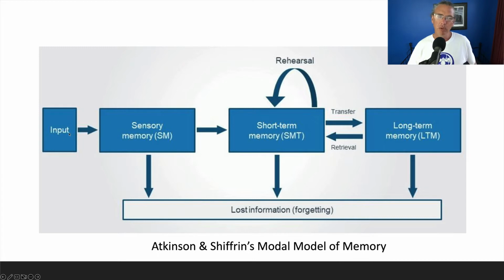When we get input from the world, the very first memory system, and the one we'll talk about today, is sensory memory. It's going to allow that input to exist even after it doesn't exist in reality. It's going to allow a trace of reality to be there for us to sample if we need it. Again, we'll talk in detail about that.